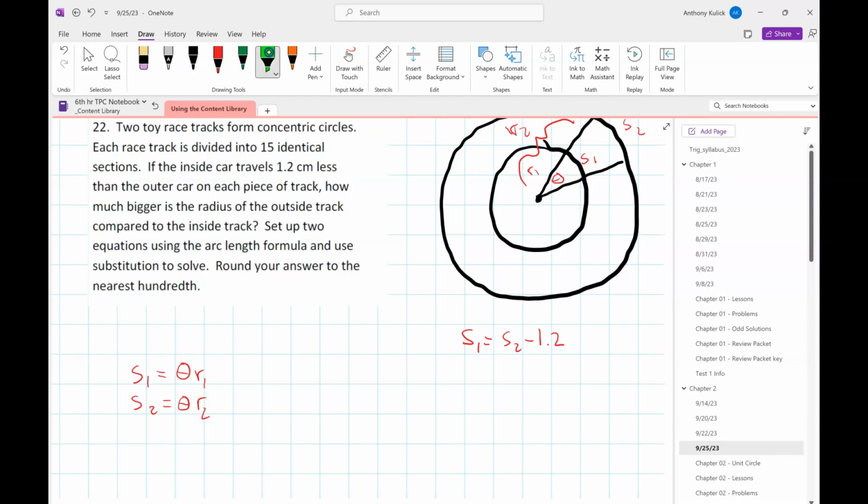And I know that S1 is equal to S2 minus 1.2. So far, so good.